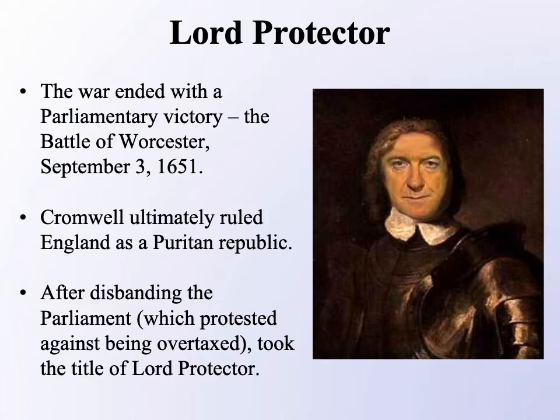It's therefore somewhat ironic that at some point Cromwell is going to do what Charles I could not achieve. He's going to disband the Parliament, which had protested against being overtaxed, and effectively govern as an absolute monarch, though he won't take the title of king. Right? From this point forward, England is referred to as a Puritan republic, and he takes the title of Lord Protector.